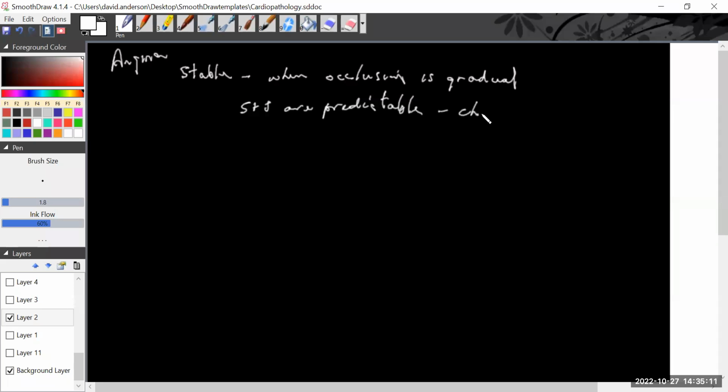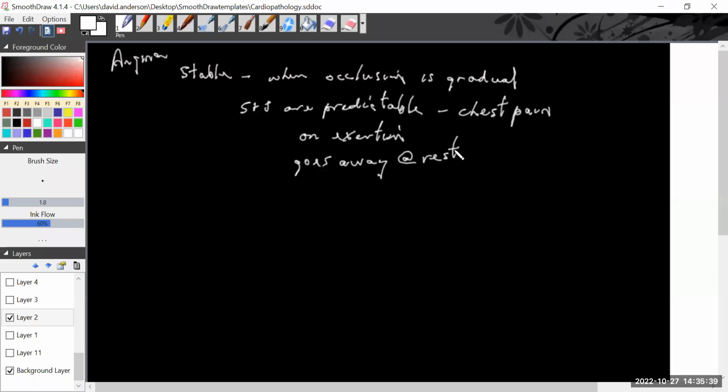So our signs and symptoms are predictable. And primarily, because we're talking about angina, it's chest pain. And it may radiate in the classic presentation that we see with a heart attack, but it goes away at rest. So our signs and symptoms are predictable on exertion and go away at rest.